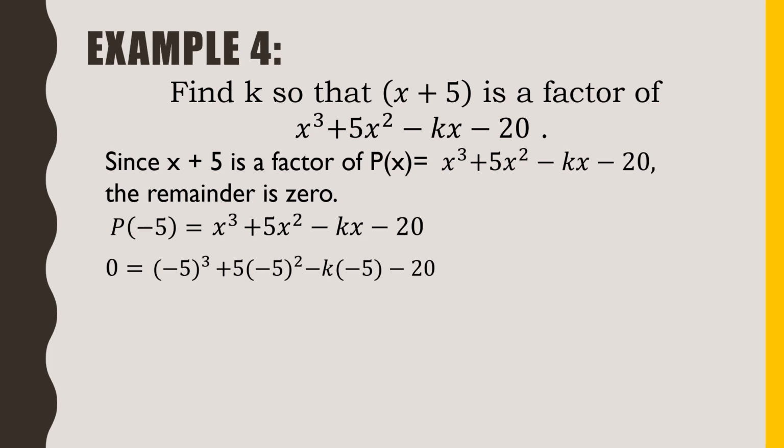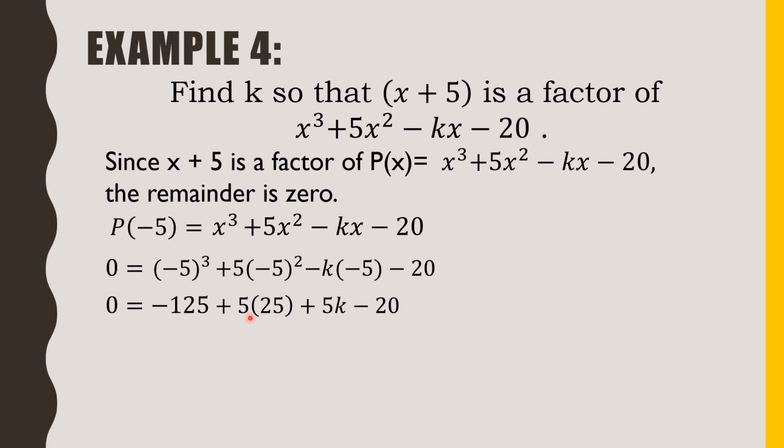So we have 0 equals negative 5 cubed plus 5 times negative 5 squared minus k times negative 5 minus 20. Simplifying, negative 5 cubed is negative 125, negative 5 squared is 25, negative k times negative 5 is 5k, and then we bring down negative 20.